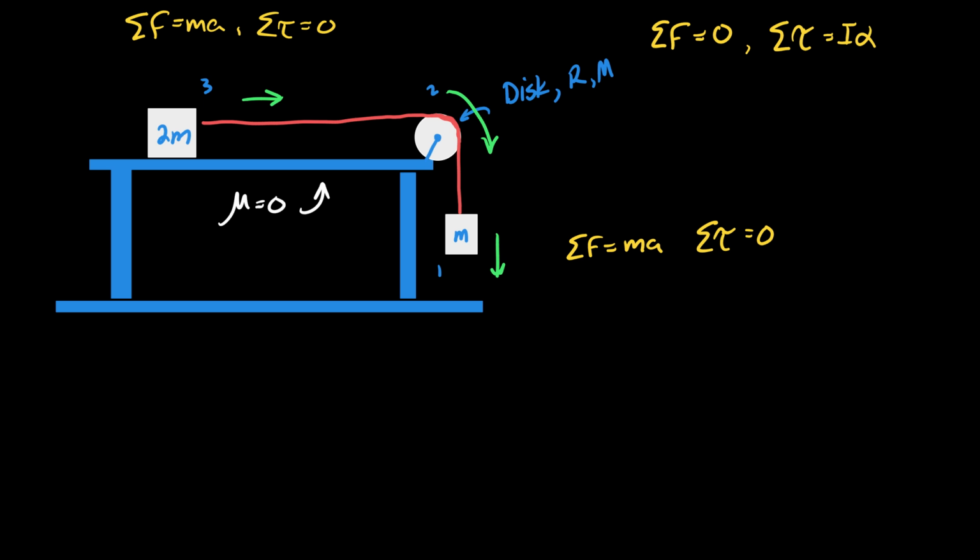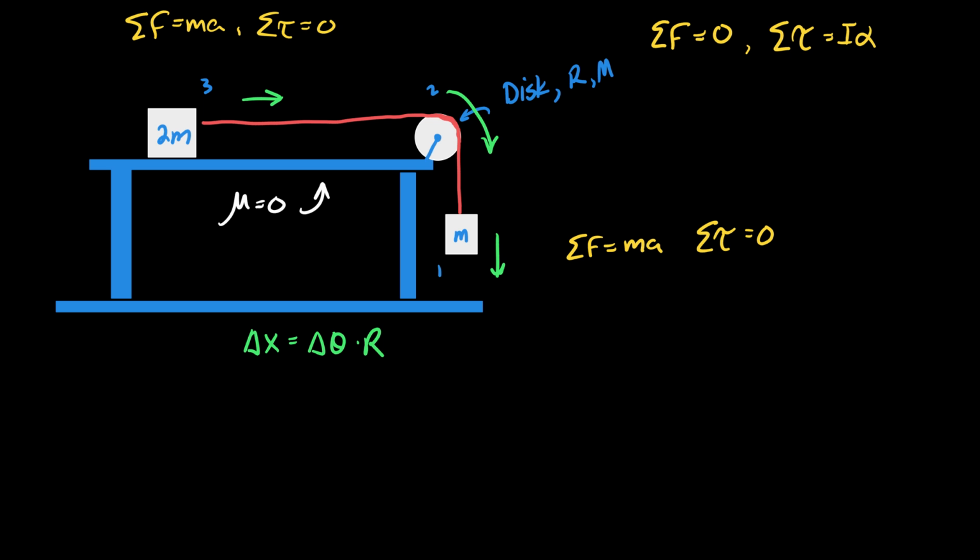So now the question has to be, is the motion of the pulley in any way related to the motion of the 2 boxes? And I'm driving at something very specifically. I want to know if I can say this. I want to know if one rotation of the pulley results in a motion of 1 circumference of the 2 boxes. Right? I want to be able to say that.